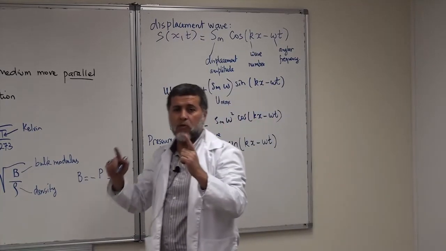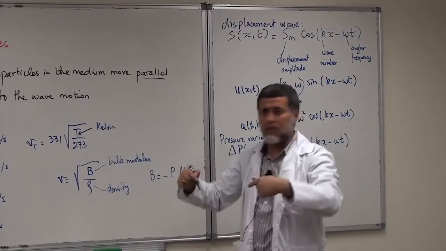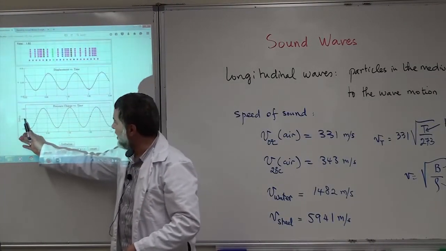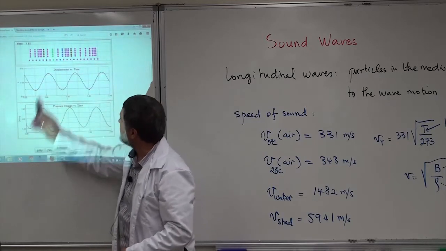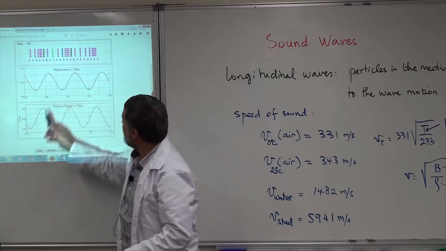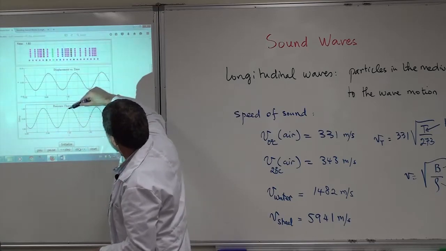The shift means one is maximum when the other one is 0, and one is 0 when the other one is maximum, and so on. Delta PM, of course, is this value here, which is 1, as you can see here. Delta P is 0 means we are in this situation here, okay? When delta P is negative, we are in this situation here. That's the situation when delta P is negative. This is the situation where delta P is positive, maximum, okay? You can see it here.